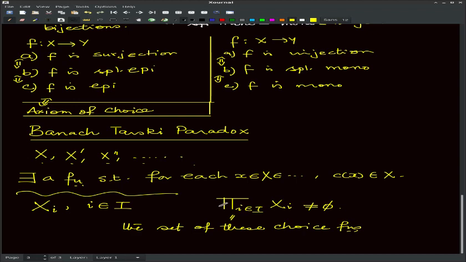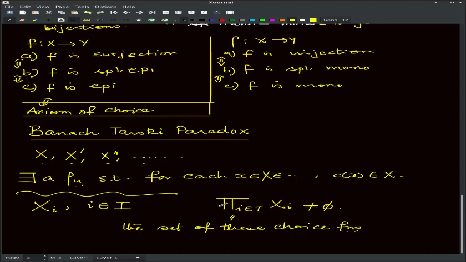But the moment you cannot distinguish, from an arbitrary set, picking two distinct elements is a notion which is not algorithmically satisfiable. You cannot do it at one go.